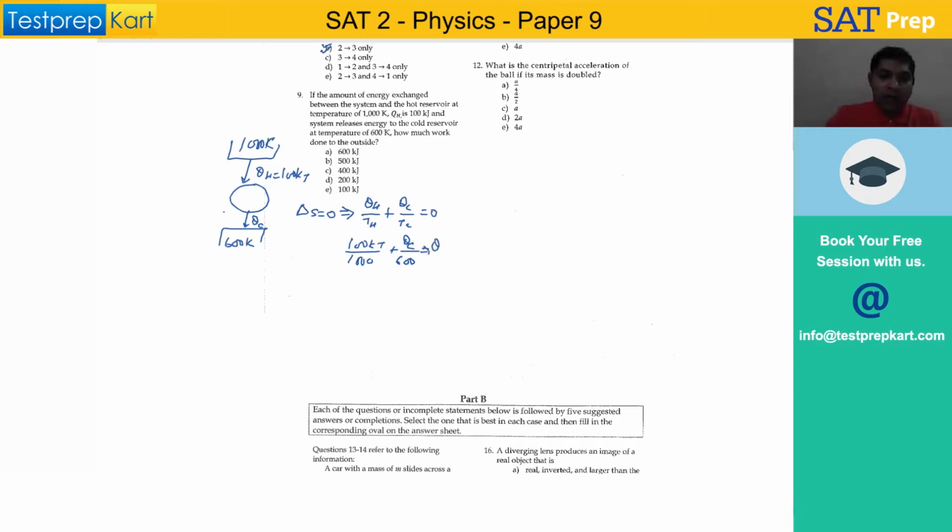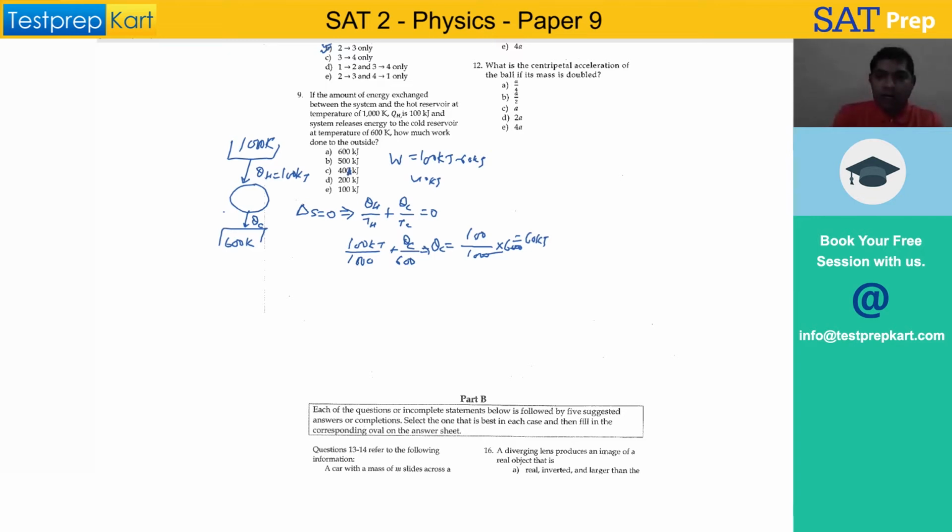From here we can calculate QC, which the system is delivering to the cool reservoir, that will be 100 divided by 1000 multiplied by 600. So we'll get 60 kilojoule. The remaining energy will be work done to the outside world. So work done will be 100 kilojoule minus 60 kilojoule, which is 40 kilojoule. Here is some misprinting, but the correct option will be 40 kilojoule.